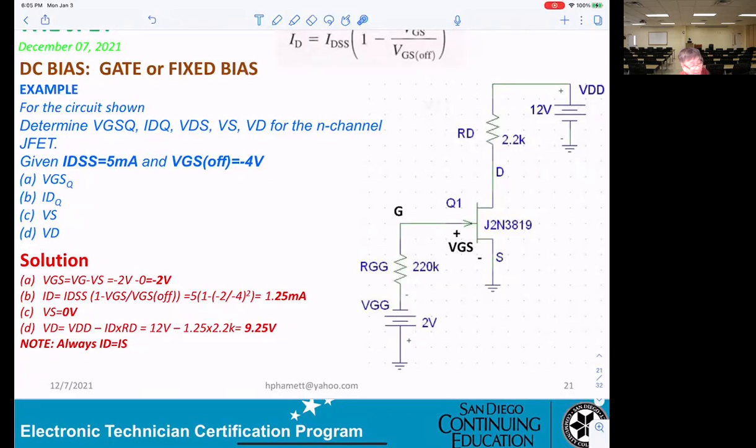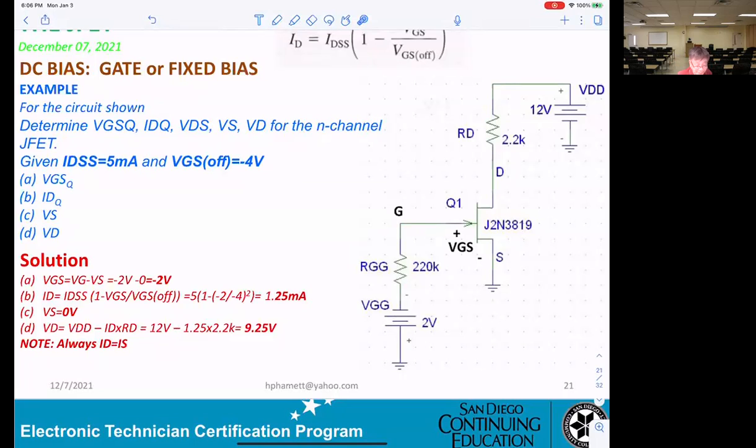The thing is, any point on the curve can be a Q point. Do you think you can do that calculation? They said they want VGSQ, they want IDQ, and they want VS, they want VD.